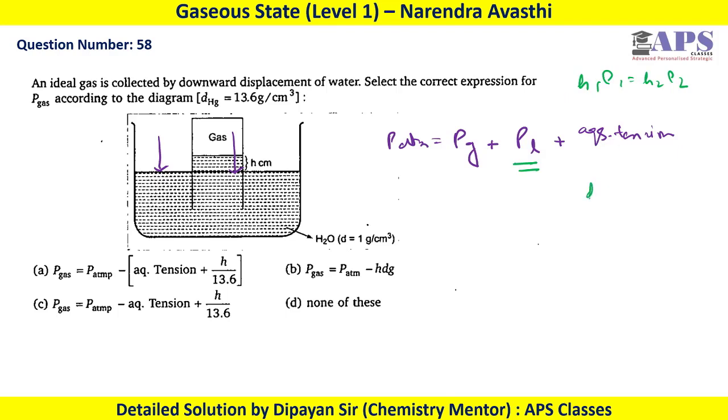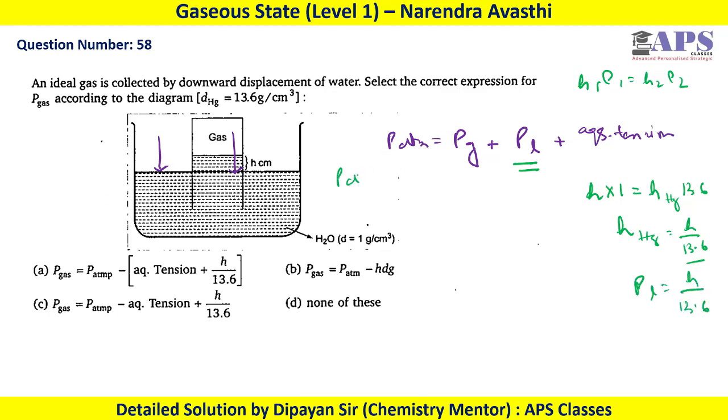Here we have a height of H and it is water, so the density is 1. We have to convert it to mercury. So we use H2 as the height of mercury, and the density is 13.6, so the height of the mercury column will be H by 13.6. We can substitute PL by H by 13.6.